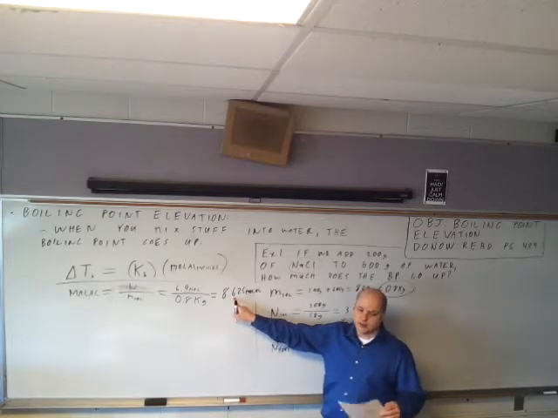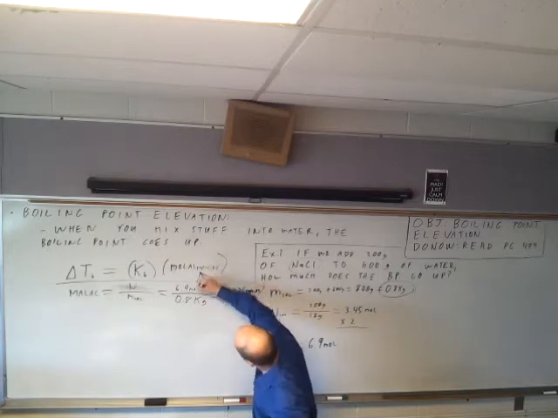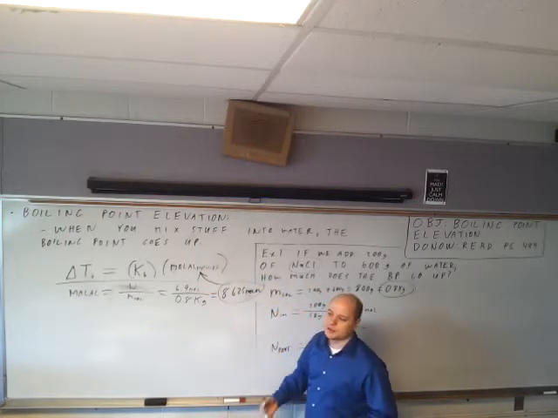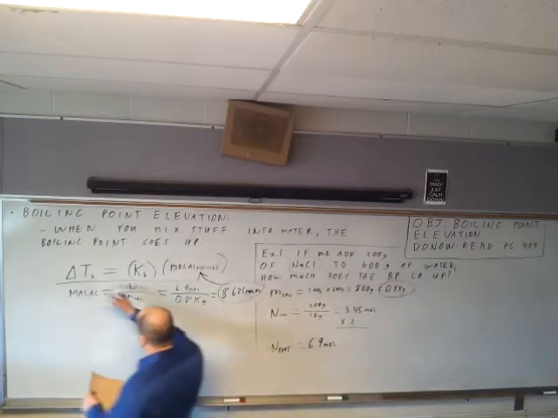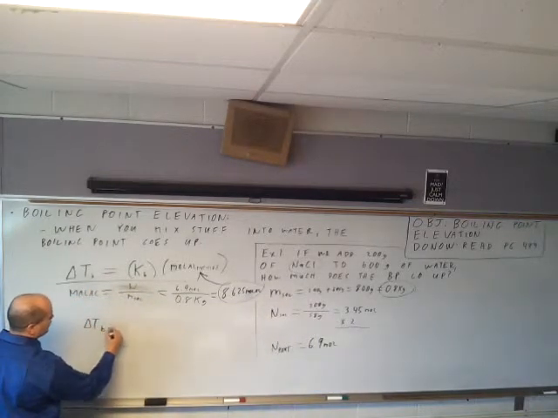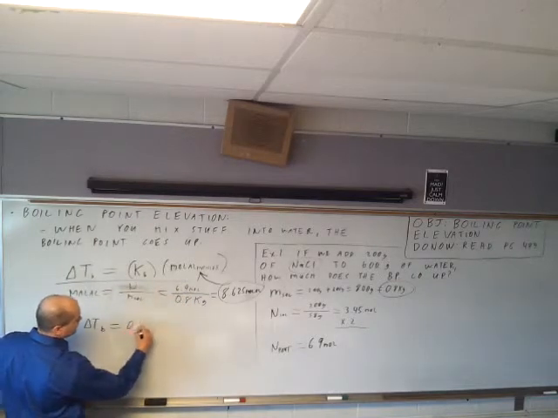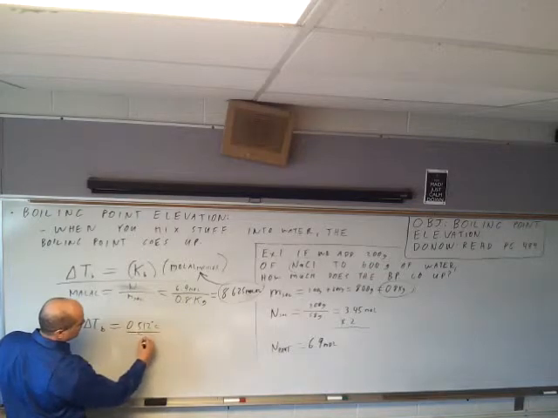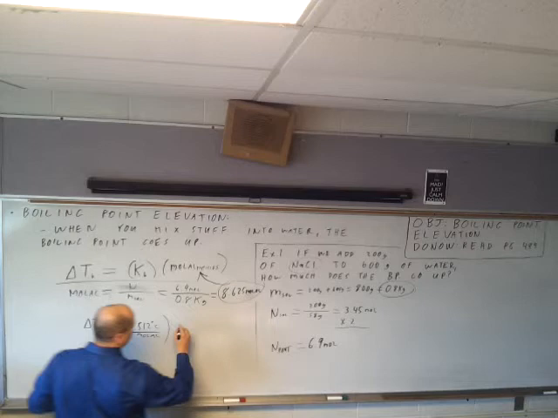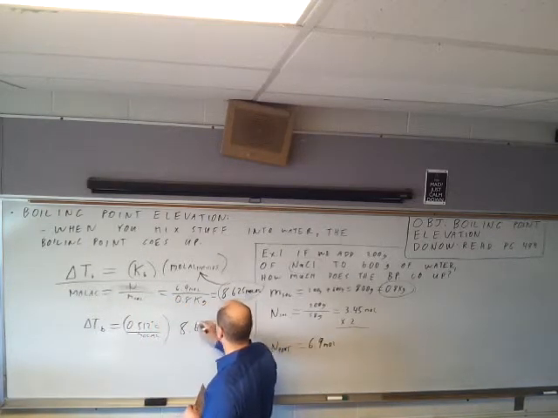Up till here, we've actually done all this already, right? So now we're just going to take this and plug it into that equation to find the change in the temperature of the boiling point. So now, write this equation. Delta T equals, Kb is a constant, 0.512 degrees Celsius per mole times what we just found, 8.625 mole.